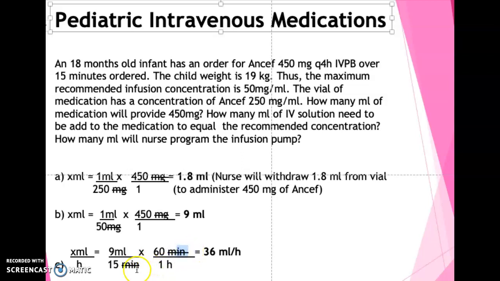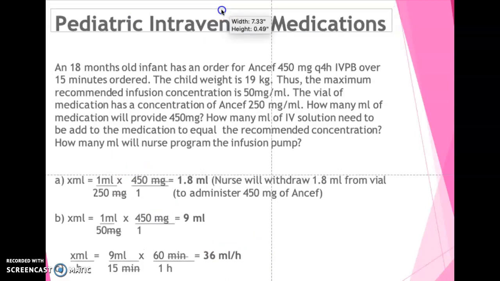So minutes and minutes cancel out, and we have 60 times 9 divided by 15, which gives us 36 milliliters per hour. That's the rate the nurse is going to program into the IV infusion pump: 36 mLs per hour.